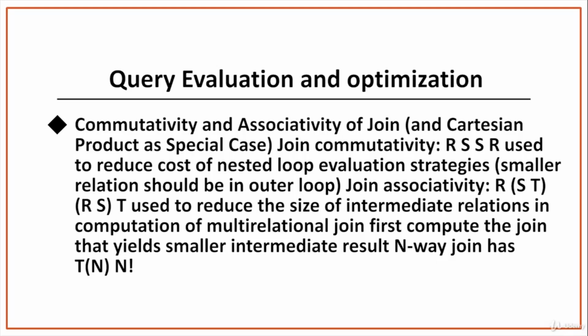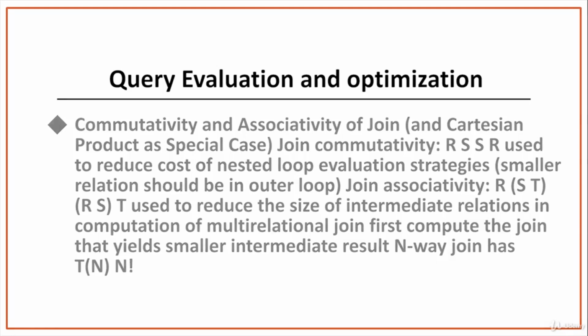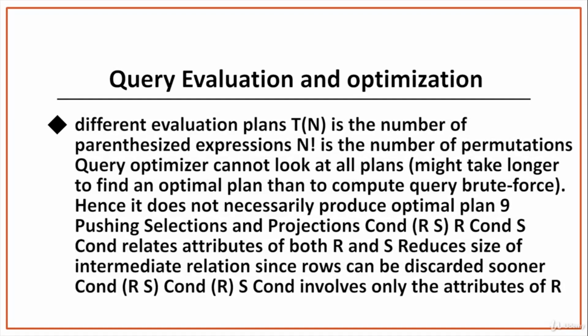Join associativity, (R ⋈ S) ⋈ T = R ⋈ (S ⋈ T), is used to reduce the size of intermediate relations in computation of a multi-relational join: first compute the join that yields the smaller intermediate result. An n-way join has T(n)·n! different evaluation plans. T(n) is the number of parenthesized expressions, and n! is the number of permutations.